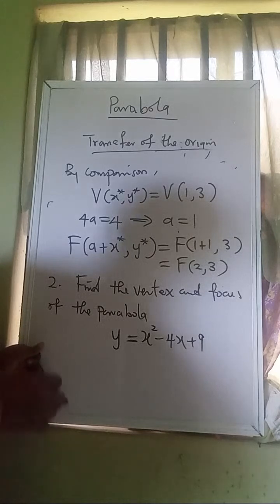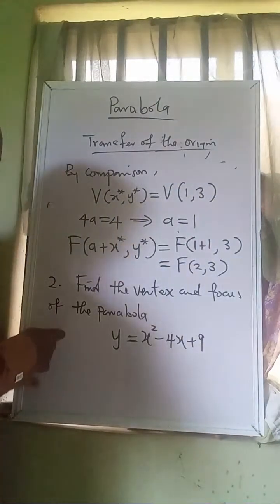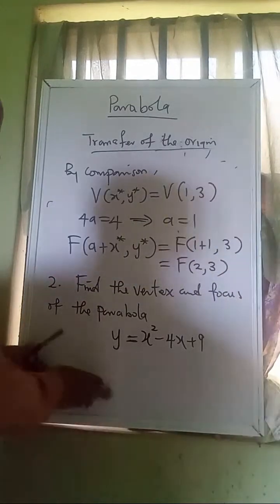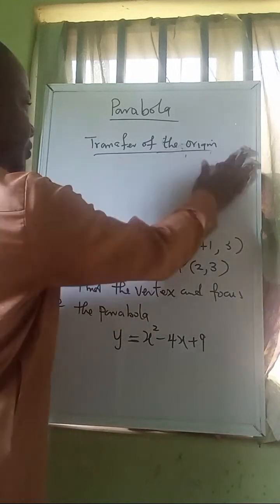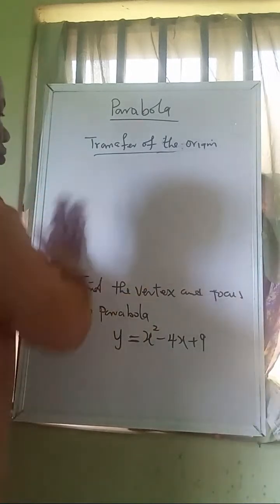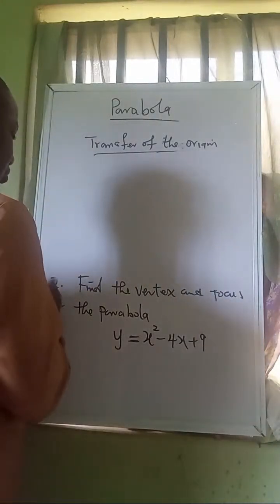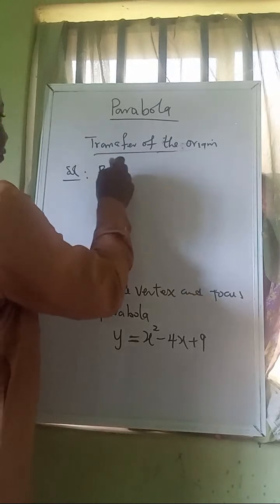Okay, so the first step is to write this in the standard form, after which we will classify, and after that we find the vertex as well as the focus of the parabola. So solution. We can write this as follows.